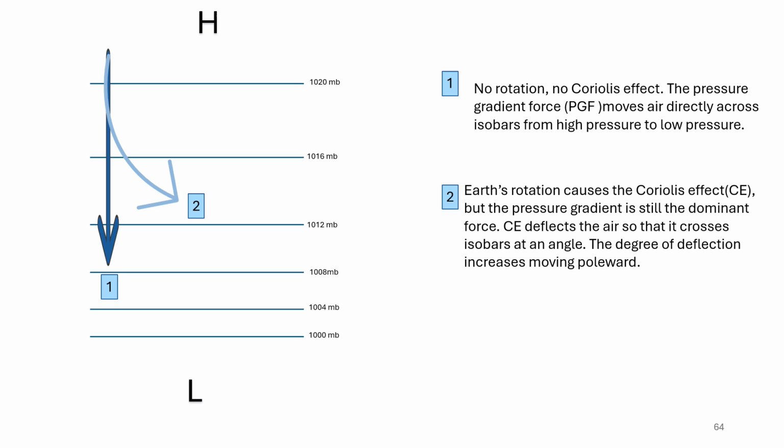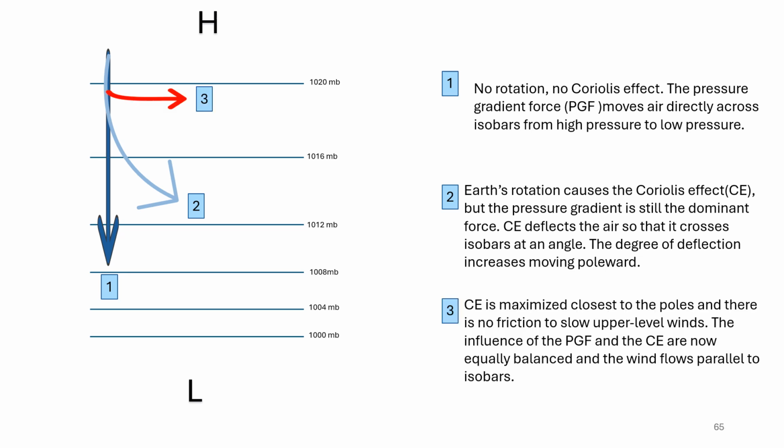And not only does the Coriolis effect increase as we move faster, but it also increases as we move poleward. So once we get up towards the poles, our Coriolis effect is maximized. It is as strong as it can get. The closer you get to those poles, that's its max point. There's no friction to slow those upper level winds. And at this point, the influence of the Coriolis effect and the pressure gradient force are in balance.